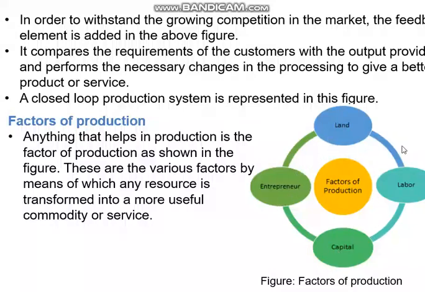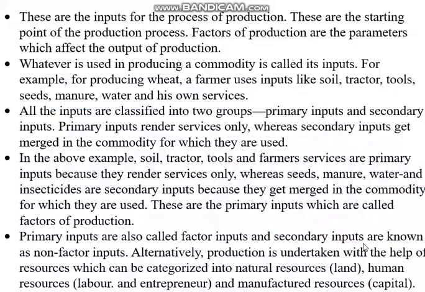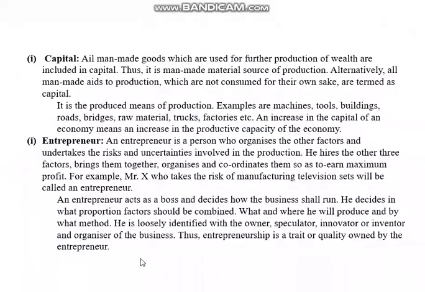He is collecting all these things, land, labor, and capital, and he is organizing them and undertaking the risk and the uncertainties involved in the production, and he hires the other three factors, brings them together, organizes and coordinates them so as to earn maximum profit.